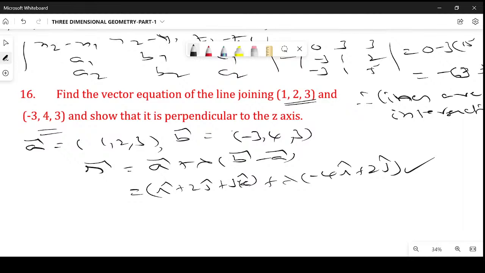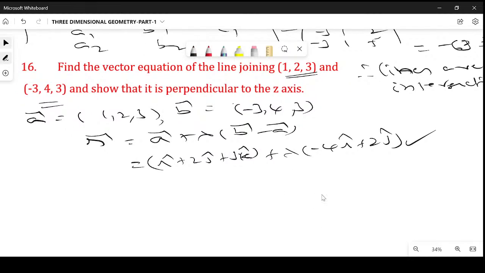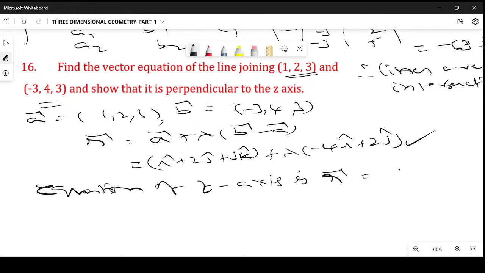They're asking to show that it is perpendicular to the z-axis. So we will consider the equation of the z-axis. The equation of the z-axis is r bar equal to some constant times k cap, that is t into k cap, where t is a scalar.